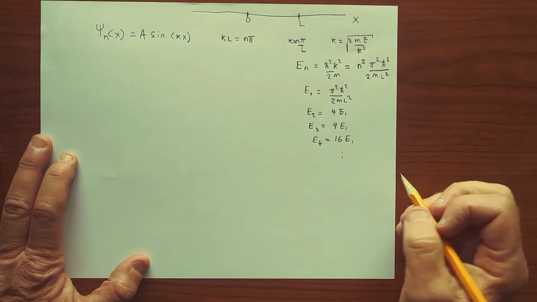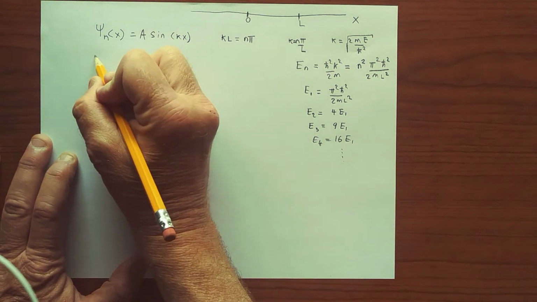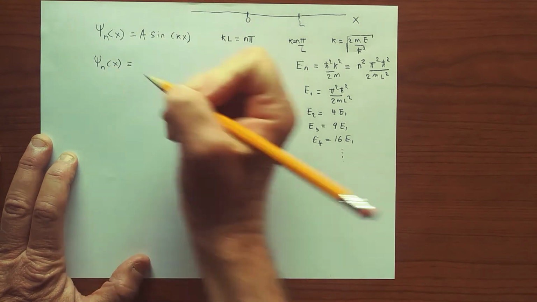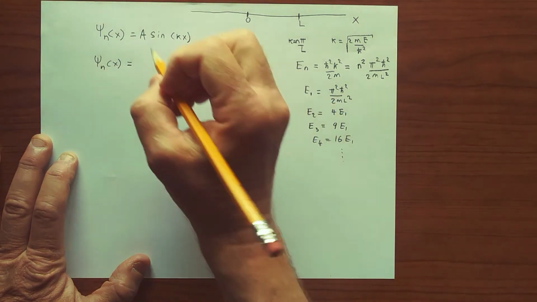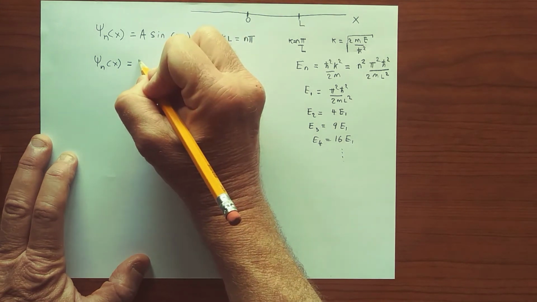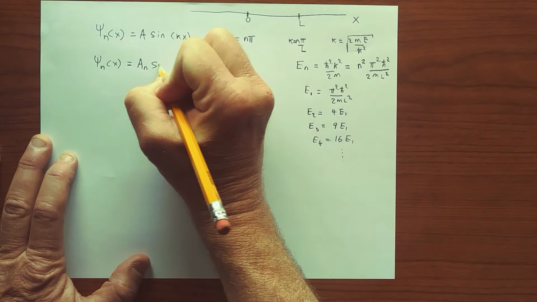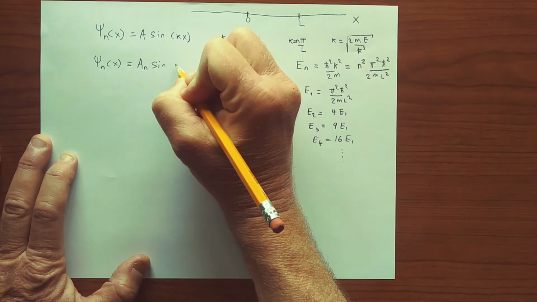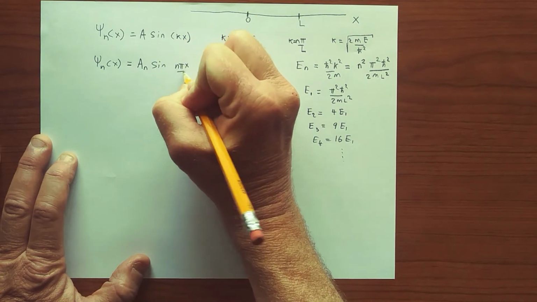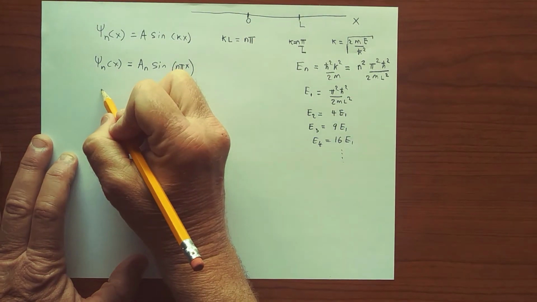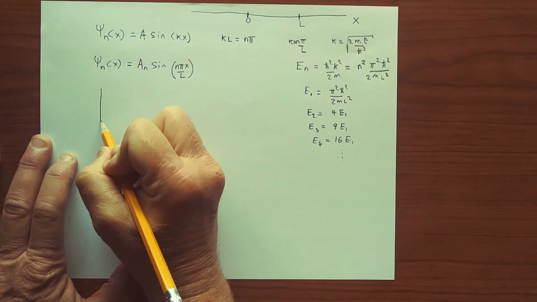So let's look at this function, psi n of x. These are the eigenfunctions of the system. So we could say maybe that there's an A sine of n pi x over L. And let's plot these.